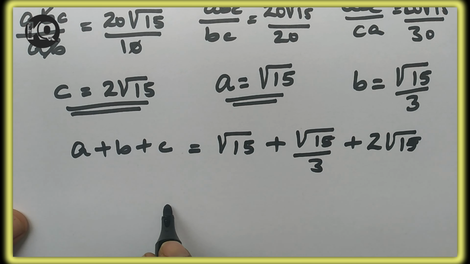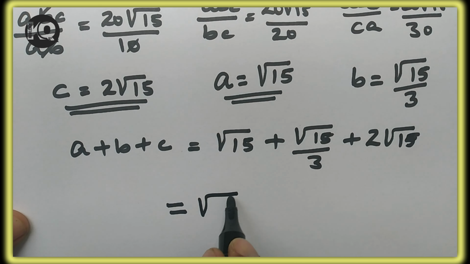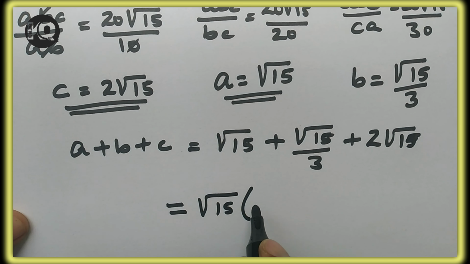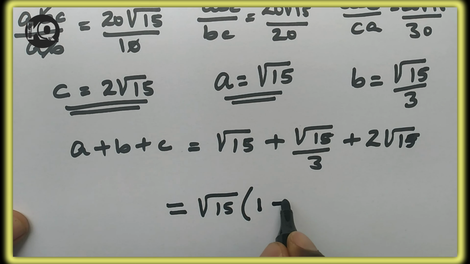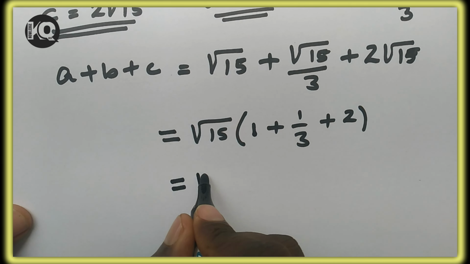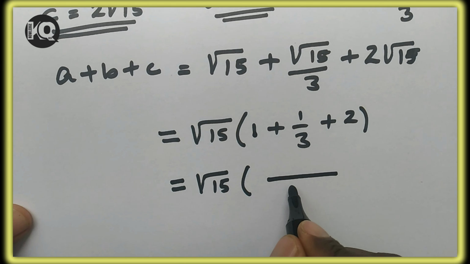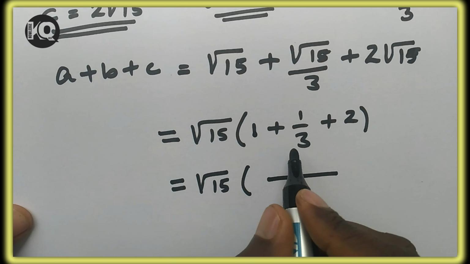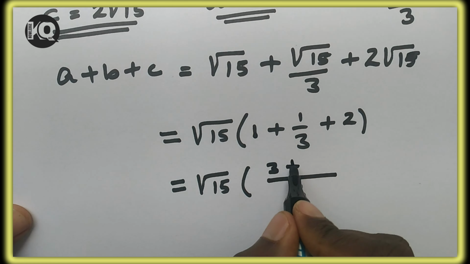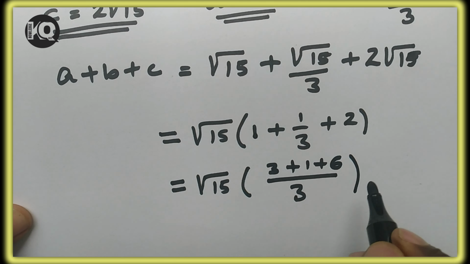So we have a common term, the square root of 15, into 1 plus 1 over 3 plus 2, which is equal to the square root of 15 into, with common denominator 3, 3 plus 1 plus 2 times 3 is 6.